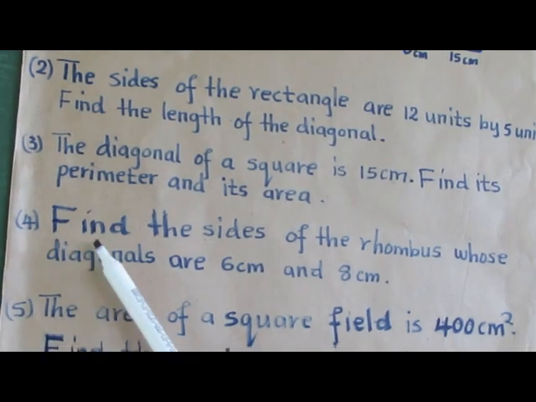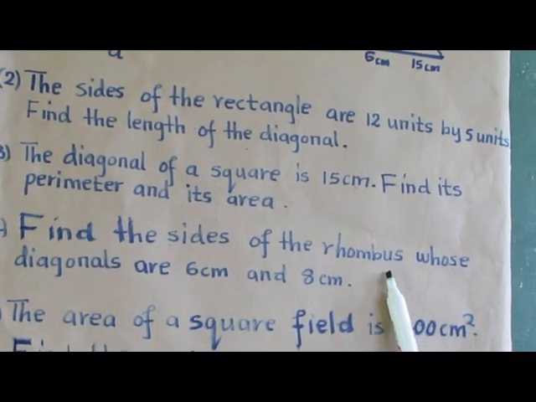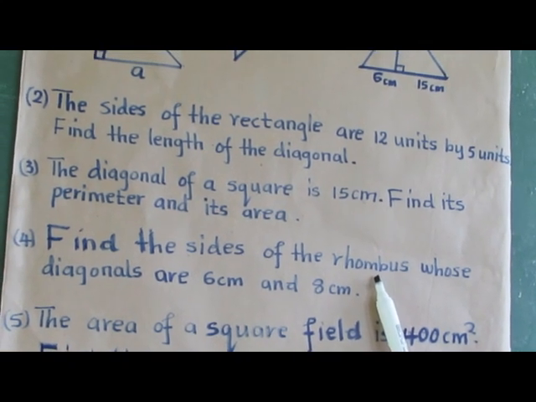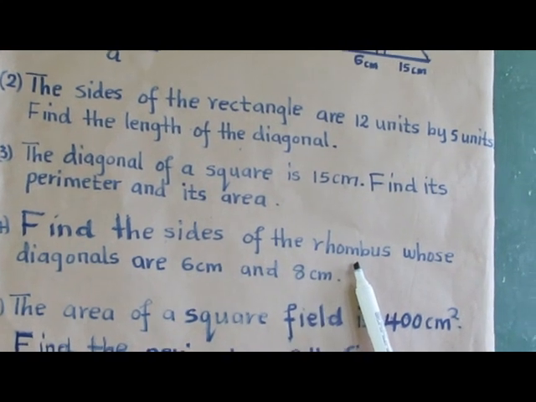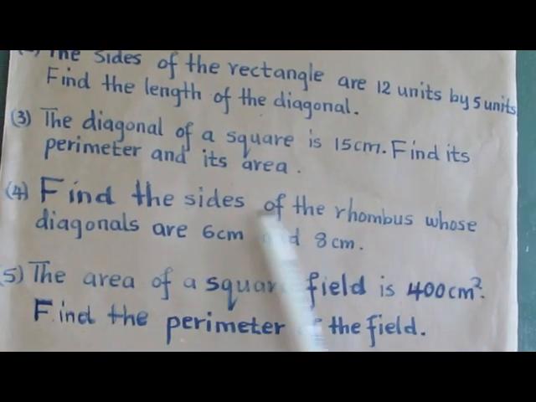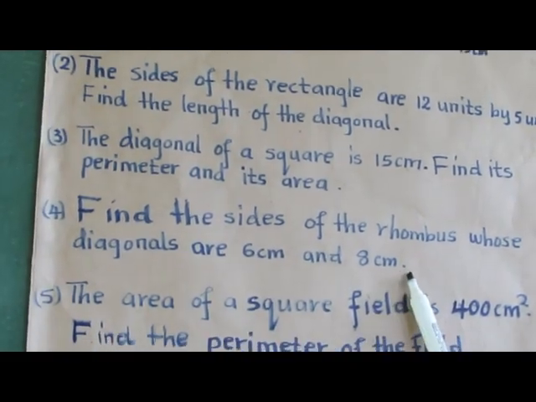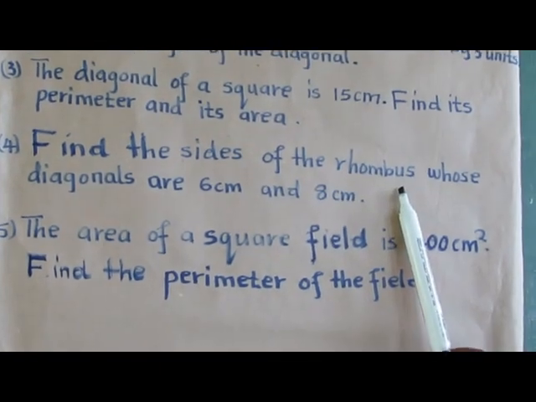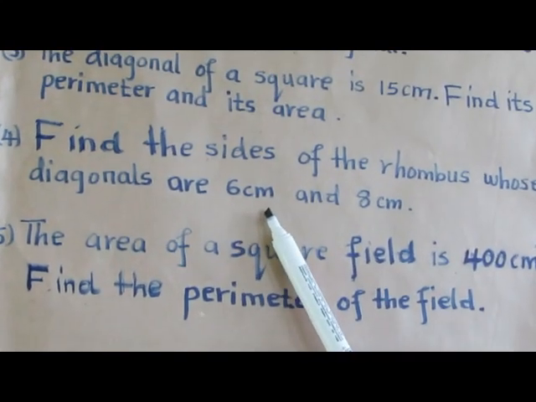Question number 4. Find the sides of the rhombus. Do you remember what is a rhombus? A rhombus is a parallelogram with 4 sides which are equal, but it is a parallelogram. Its diagonals are 6 centimeters and 8 centimeters. So you are going to draw 2 rhombuses here. One diagonal is 6 centimeters.